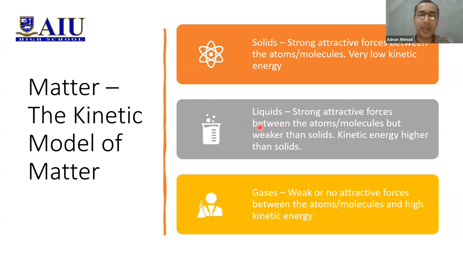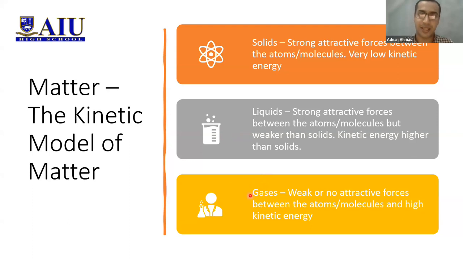So we have some kinetic energy, and it is higher as compared to the kinetic energy in solids. In solids, the atoms cannot move at all. But in liquids, we see some motion, and that is why molecules in liquids have some kinetic energy, right?